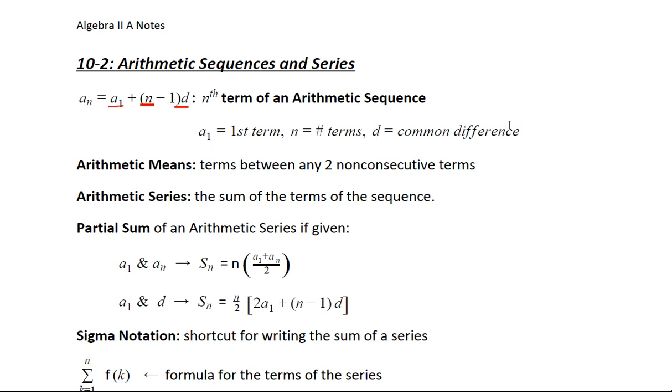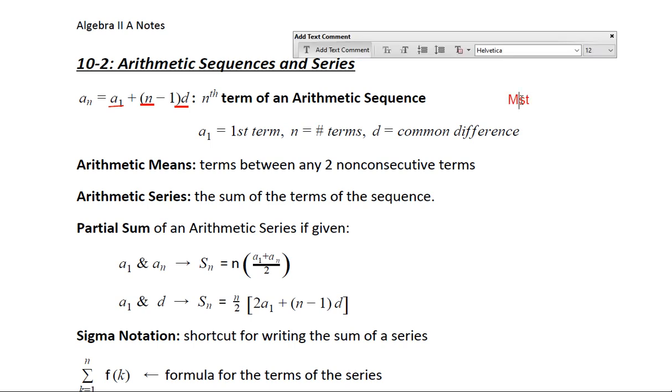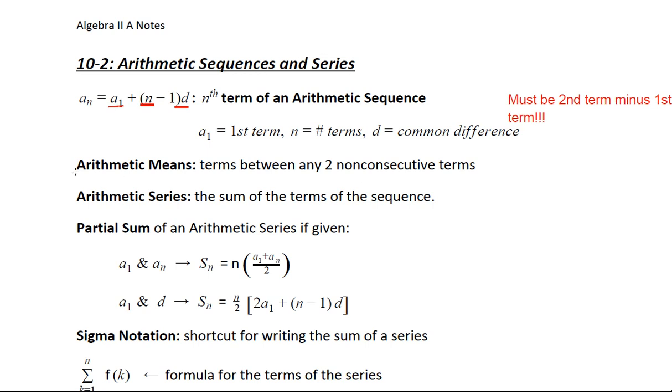So when you're doing your common difference, maybe make yourself a note that this must be the second term minus first term. If you're doing it backwards and you're going first term minus second term, then your common difference is going to be wrong.